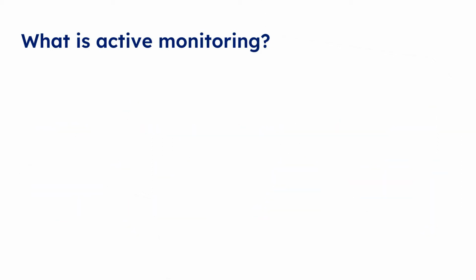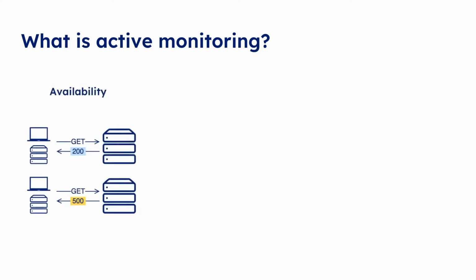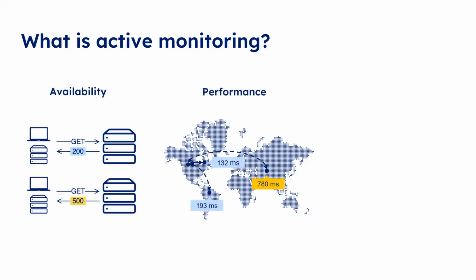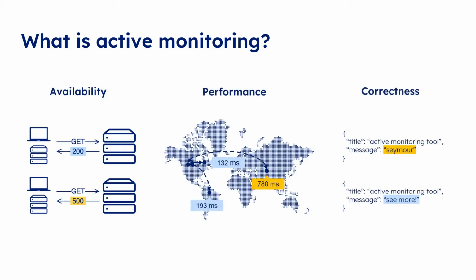Active monitoring is generally used to test three things: availability or uptime, performance, which is a measure of latency, and correctness of data. Tests are written with API consumer expectations in mind to ensure the API provider continues to meet its commitments.